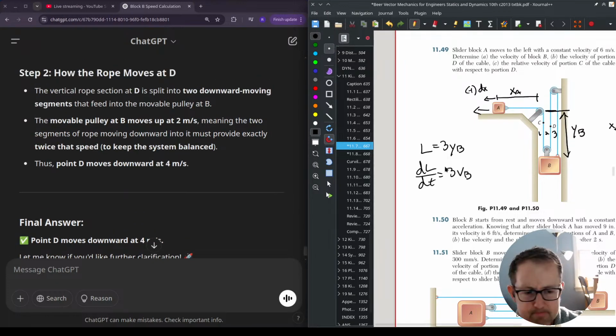Because I would think if this one's going up, that one's going down. Oh, I guess because B and the chord are both moving. Because anything along here is moving the same speed as A.